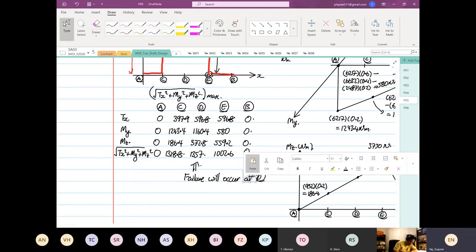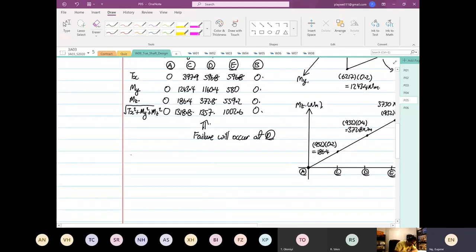So the formula that we're going to use now is J over C, the polar moment of area of the shaft over C, is equal to the square root of Tx squared plus My squared plus Mz squared, where we have located the maximum, and then you divide by the allowable stress. So this will be equal to 1357.